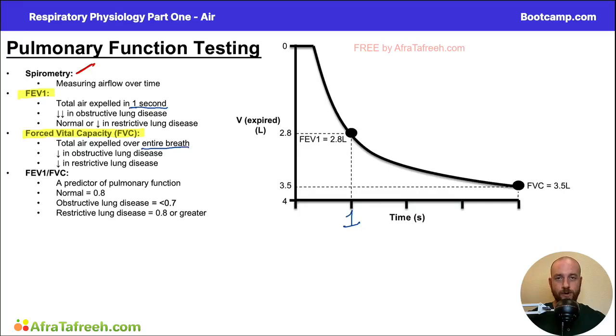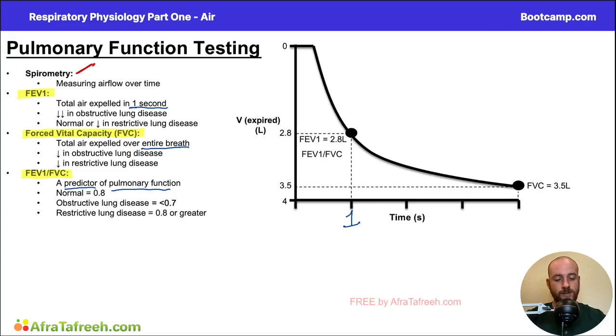The most important part of the FEV1 and the FVC is to take the ratio between them, and that ratio is called the FEV1/FVC ratio. The value that this ratio produces is a predictor of pulmonary function. For the normal values we have on the screen, we would take the ratio of FEV1 to FVC.